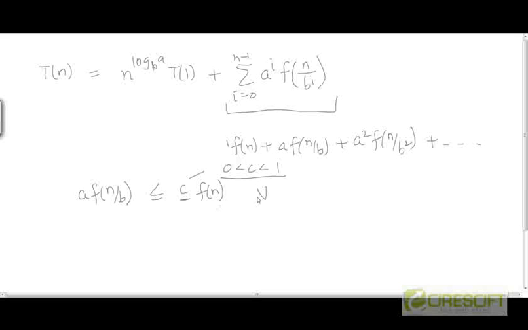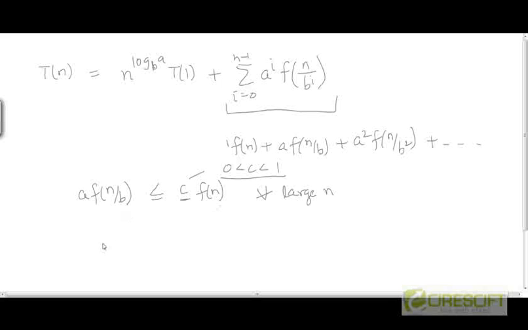And if we assume this for all n that is sufficiently large, then we can actually argue that for every consecutive pair of terms, the ratio of the term to the right to the term to the left will be less than 1. In fact, it will be less than or equal to this constant c.